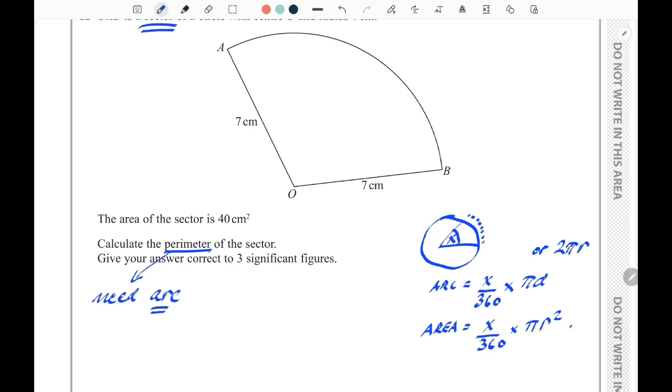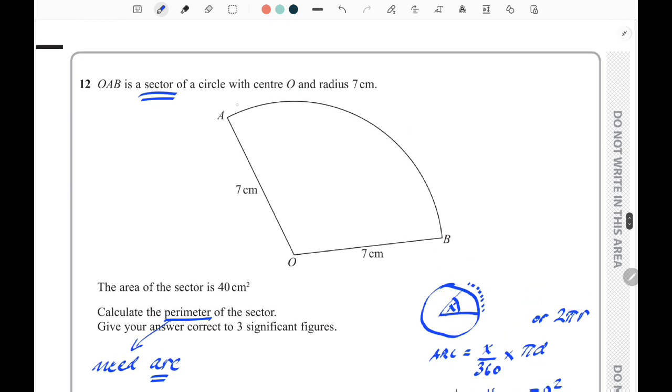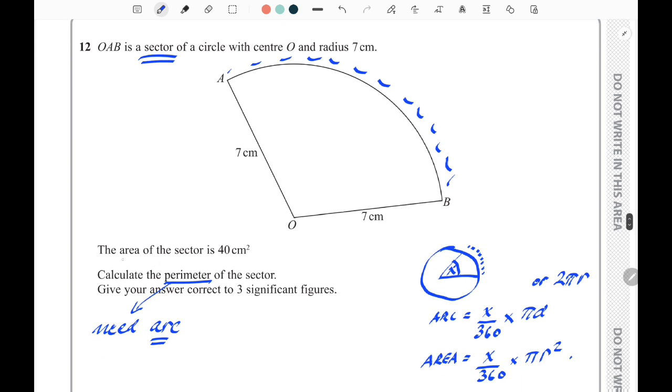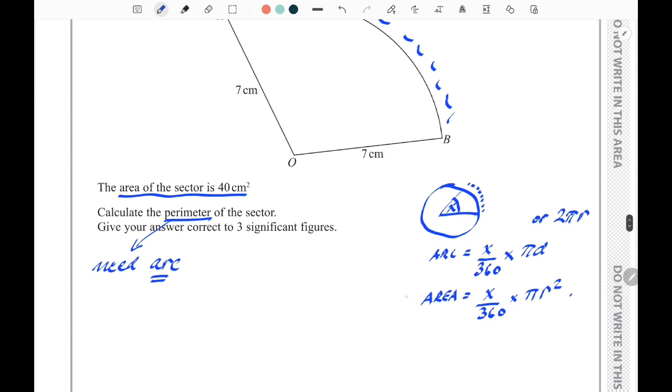So that is that length there. What we're given, however, is the area of the sector. So what we're going to do is use the area to find x, and then use that to find the length of the arc.